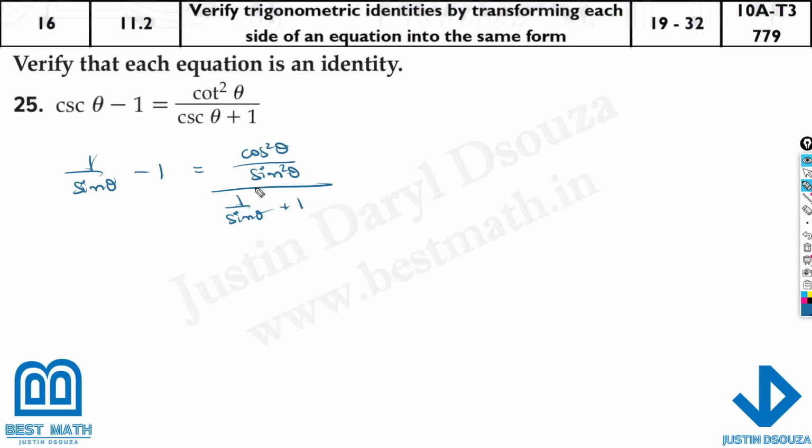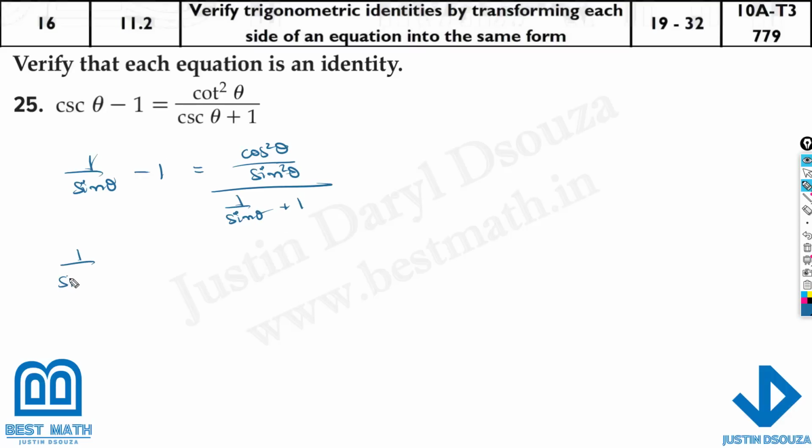So what next? I have 1 by sine theta minus 1. Over here I can move it to the other side and do a lot of things. But before that, whenever you see something like this, same term minus another term, same term plus another term, it is much easier if you move it to the other side.